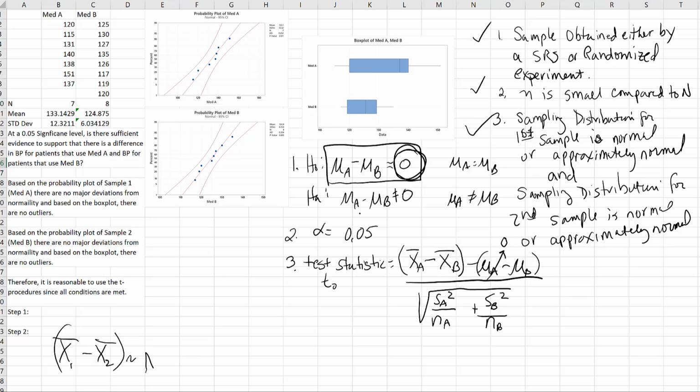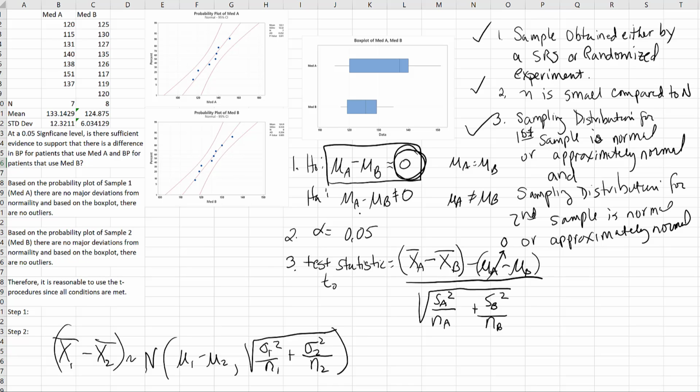We can say it's normally distributed, and we'd say mu1 minus mu2 is the mean, because that's the mean of the sampling distribution of the difference of the means for the independent case. And the standard error is sigma 1 squared over the sample size of our first sample, plus the variance of our sample 2, or the standard deviation squared of our sample 2, divided by its sample size.